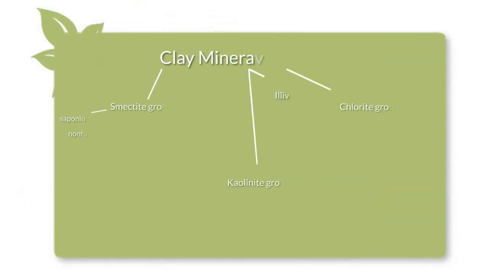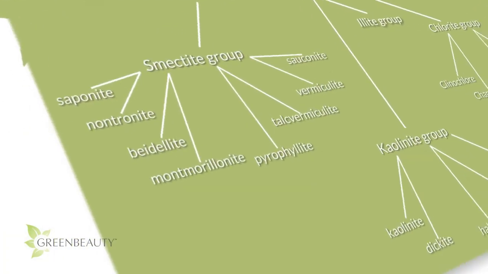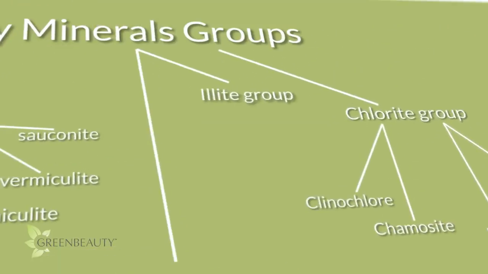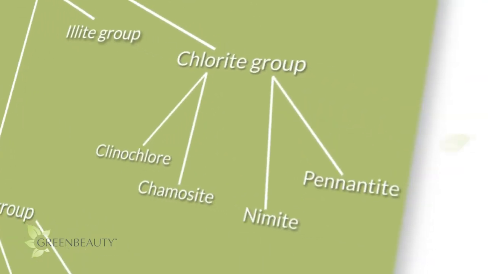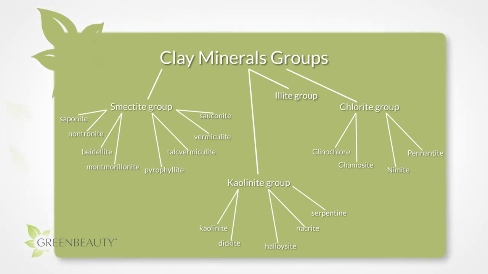There's an ongoing debate on the grouping method of clays, but depending on what book you're reading, there's basically 4 major groups of clays: smectite group, kaolinite group, illite group, and chlorite group, and within these groups are subcategories.